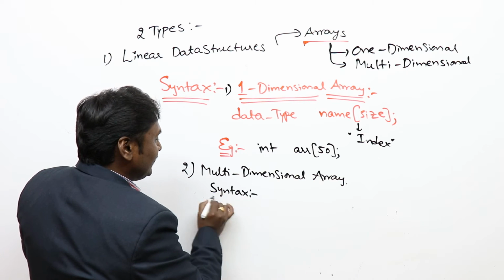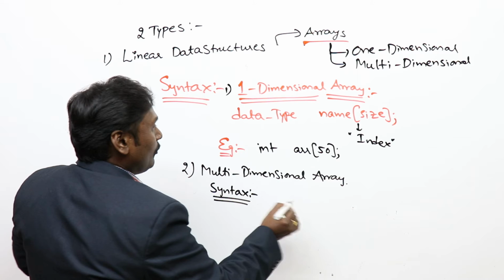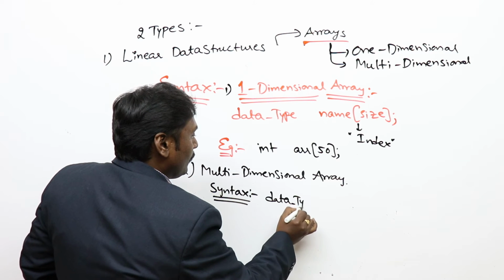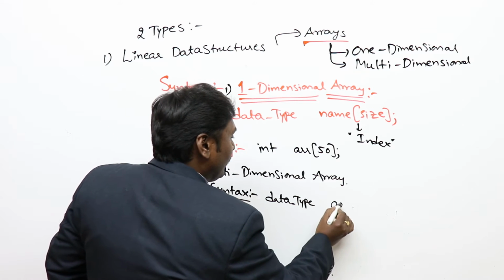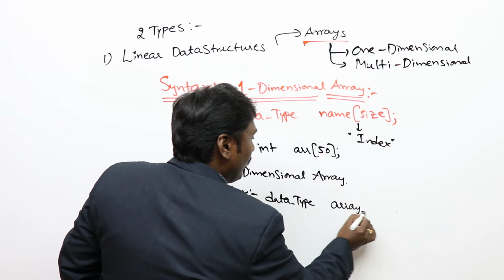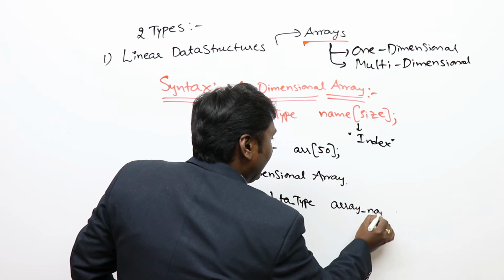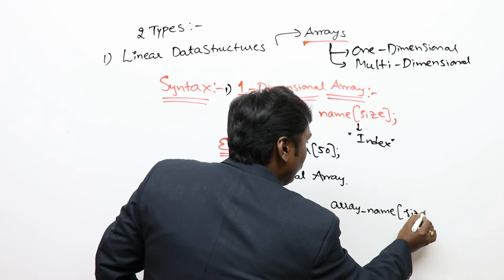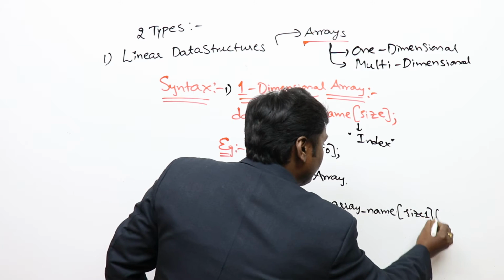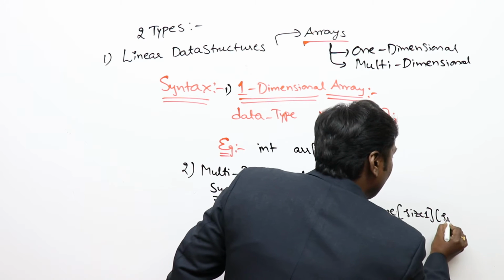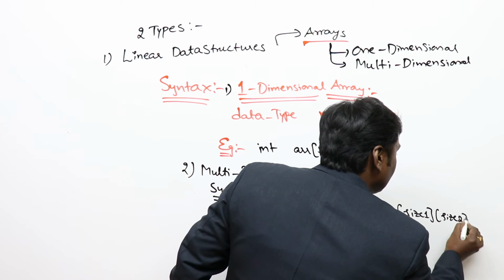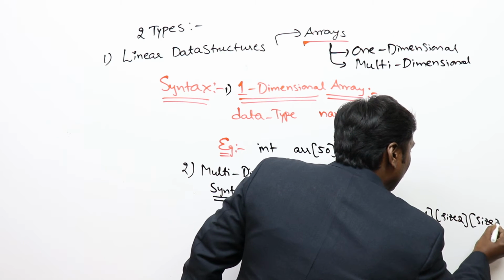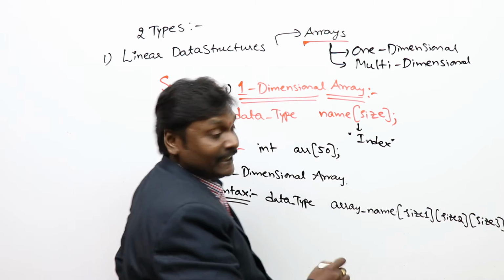The syntax is as follows: data type, array name, size 1, size 2, and size 3, like that.